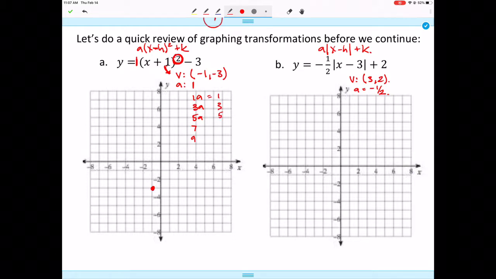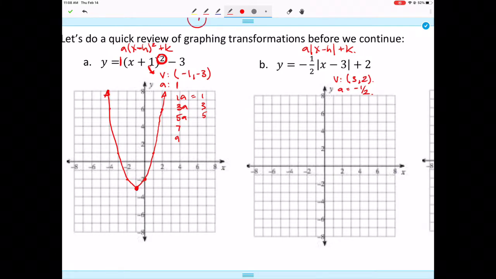We'll go over 1, up 1, over 1, up 3, over 1, up 5. Okay, and you could keep going if the graph had more room. And then we would just graph our parabola. Okay, something like that.